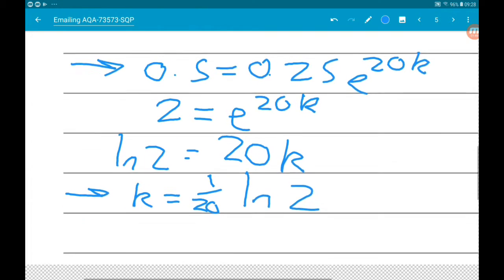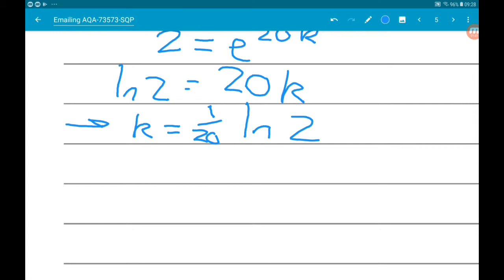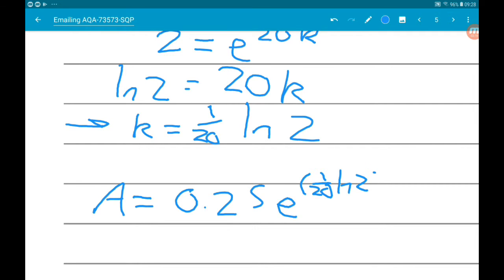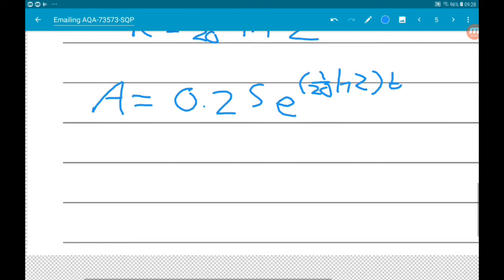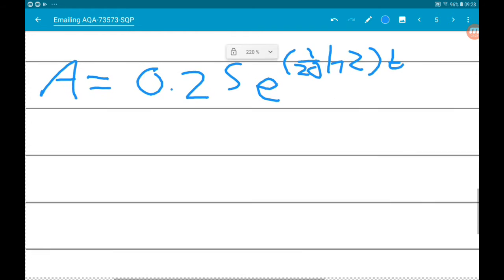So, at this point, we can write A as 0.25 times e to the 1/20th log 2 times t. Okay, so what can we do with that?